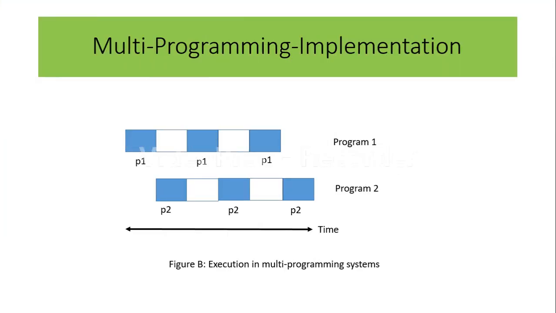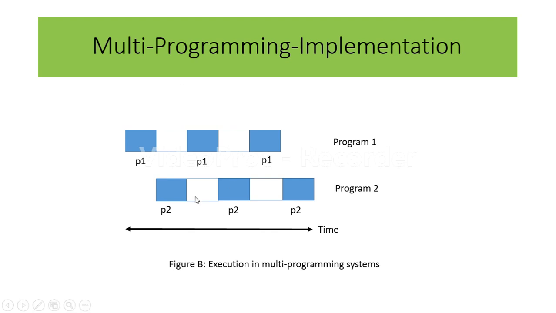This is the execution of multiprogramming, where program 1 is getting executed, and at a certain time when P1 requires certain IO operations to be performed, instead of keeping the CPU idle, the operating system will start executing program P2. That means it is switching over from program 1 to program 2.